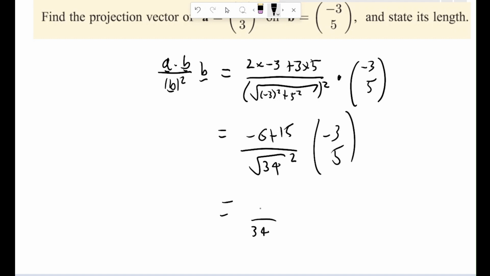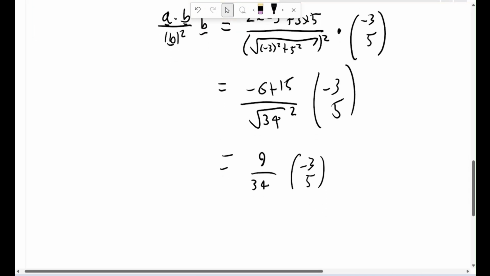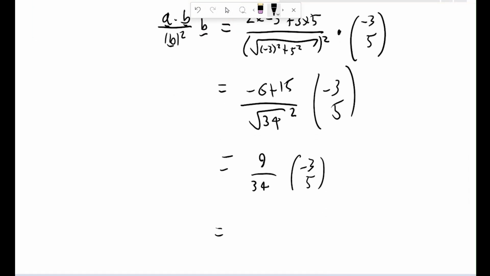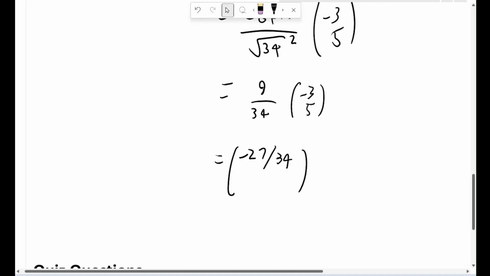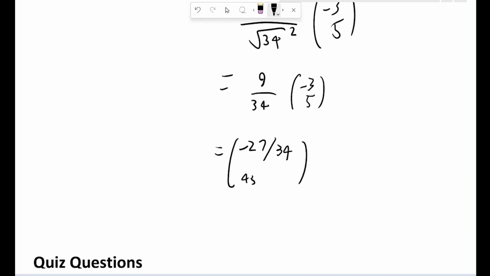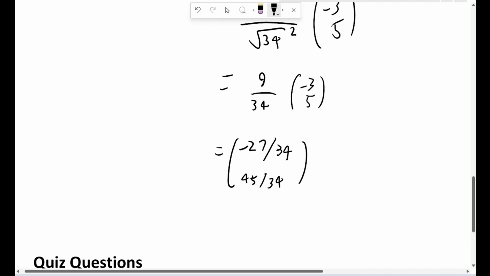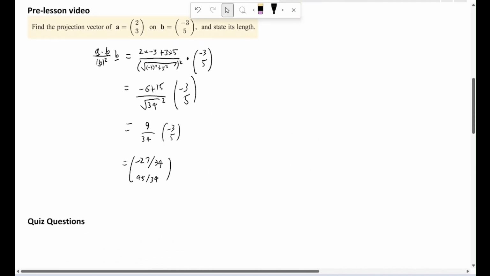So we're going to get 9 over the top. 9 over 34 times minus 3, 5. And if you want to write that as an actual vector, you can write it as well. 9 times minus 3, so minus 27 over 34 is your top component. And then your bottom component is 9 times 5 on the top, so 45 over 34. Just like that. So that's our projection vector.